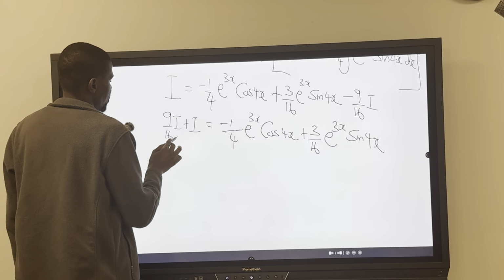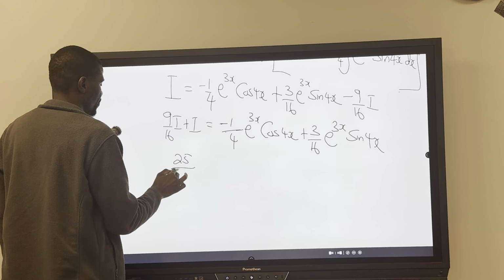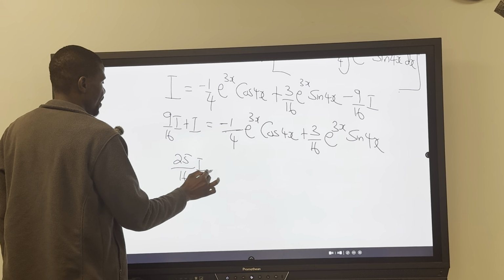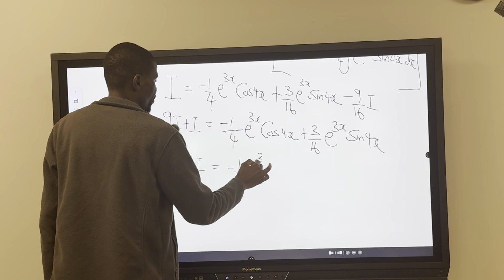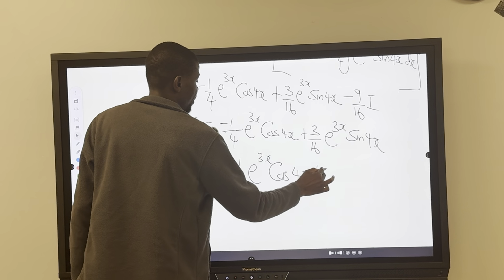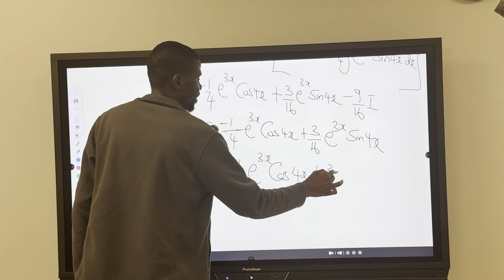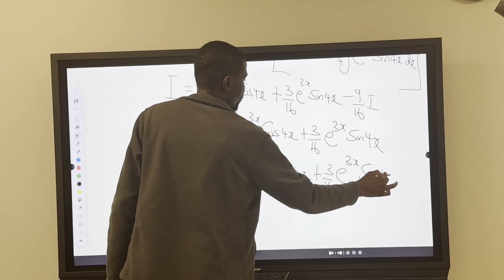So here 16 plus 9, that's 25, so 25 over 16 I equal to negative 1 over 4 e to the 3x cosine of 4x plus 3 over 16 e to the 3x sine of 4x.